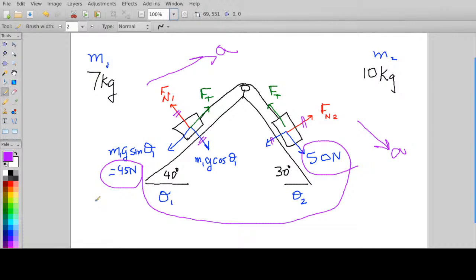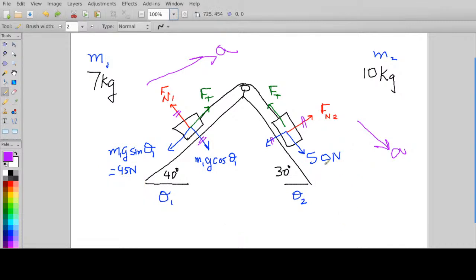Which one's going to win? It's pretty obvious that the 50 newtons is going to win. So this is going to win over that one, and that's what determines that the acceleration will be in the direction that I showed you.